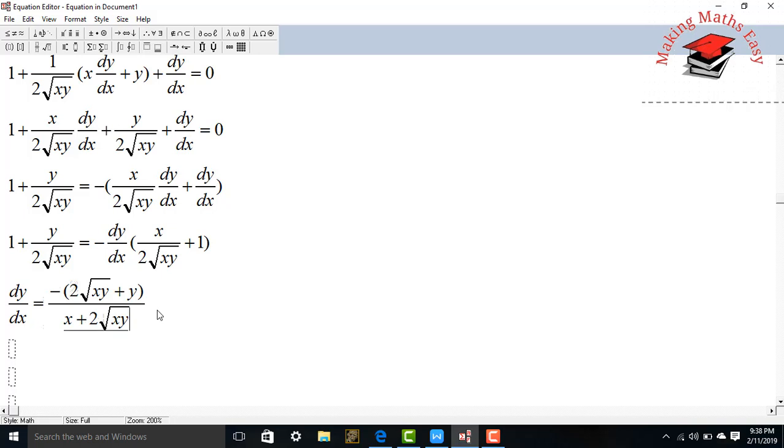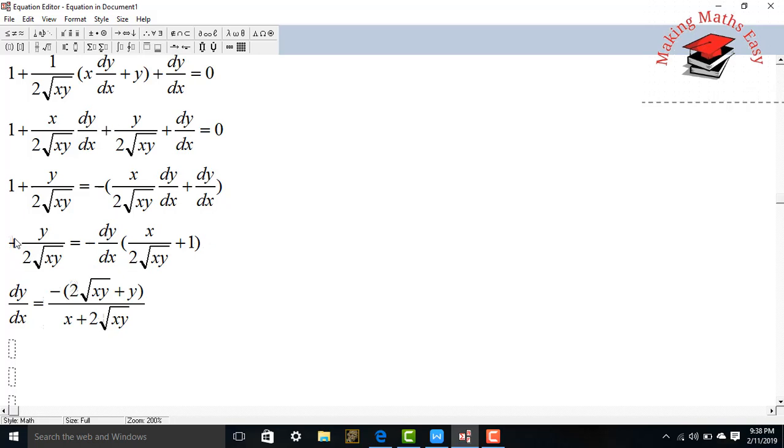If you have a doubt how I got this answer, you can take a test, or you can also verify the answer. So first, for verification, we have to multiply this 2 square root of xy with this 1.